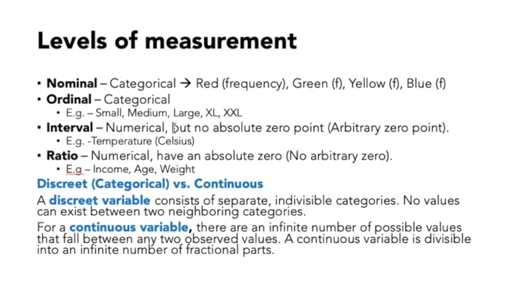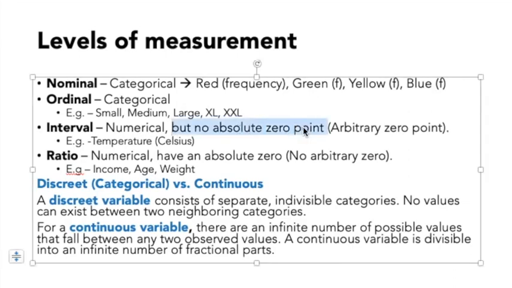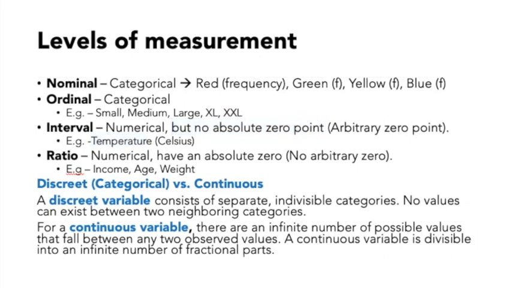But here you have no absolute 0 point. So, for example, something like temperature. Temperature, of course, has to be measured with numbers. If you think about the temperature right now, let's say it is 25. I am in Kandy right now, and here it's about 25 right now.